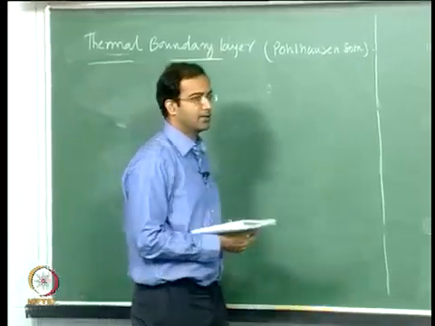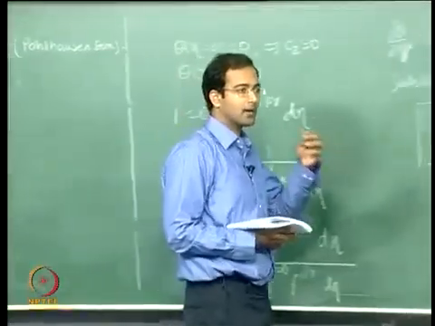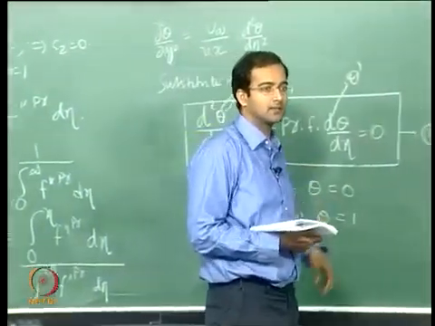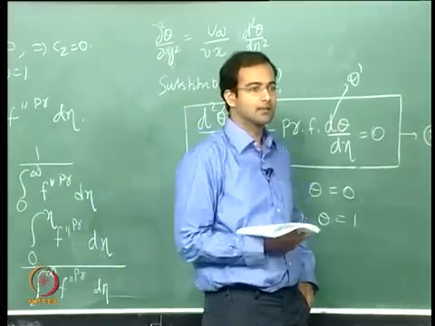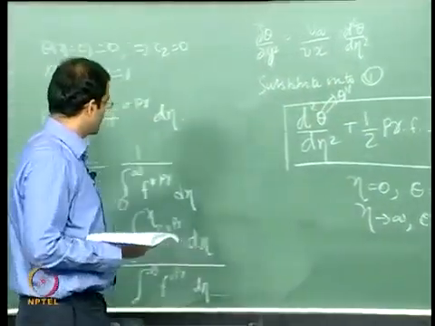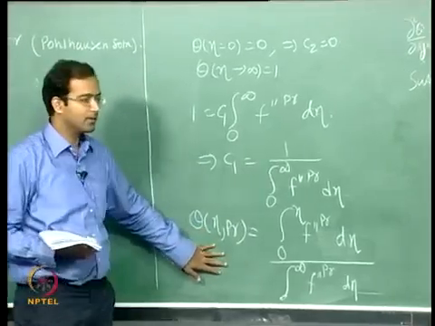If you have problems in integrating, you have to go back and revise. How do you do the integration? I cannot now spend half a class teaching that. So finally you get the solution now.